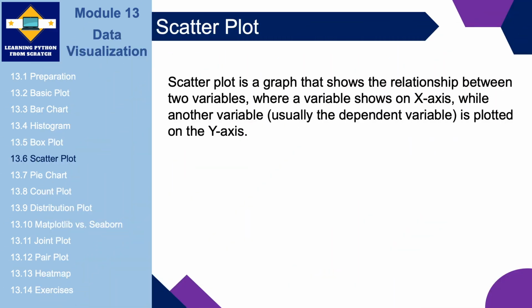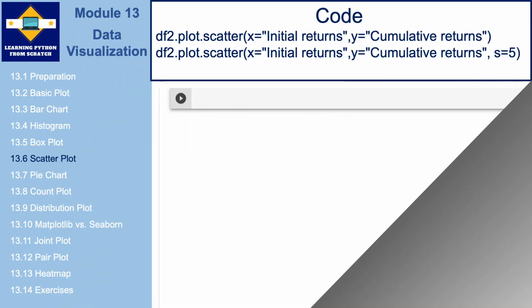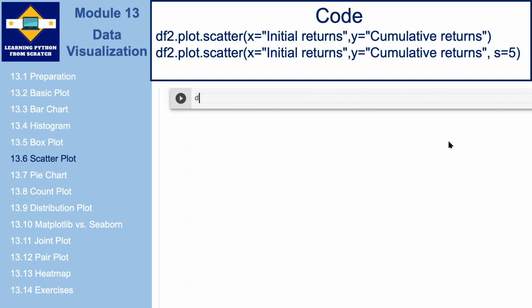A scatter plot is a graph that shows the relationship between two variables, where one variable is shown on the x-axis while another variable, usually the dependent variable, is plotted on the y-axis. Let's show the relationship between initial returns and cumulative returns using the data frame in module 13. Here we want to create a scatter plot with the method plot.scatter between initial returns and cumulative returns.